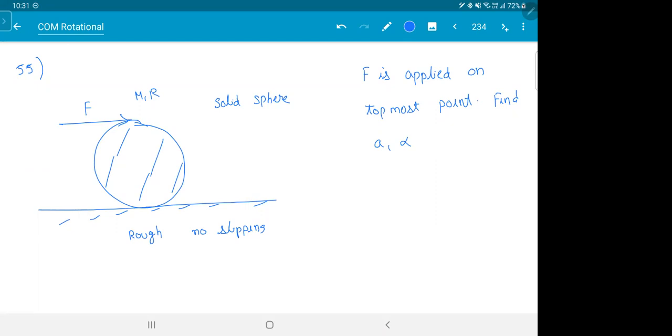I'll show you one general way to do it, and then I will show you a better method. But listen to the general one. Force F, your own weight, normal reaction, friction. Make sense? And remember, this is not maximum.